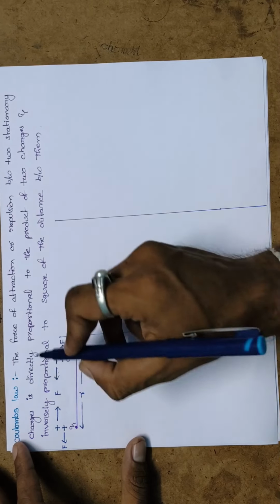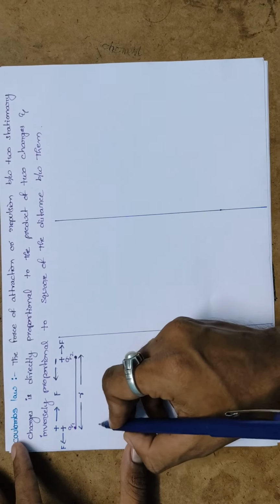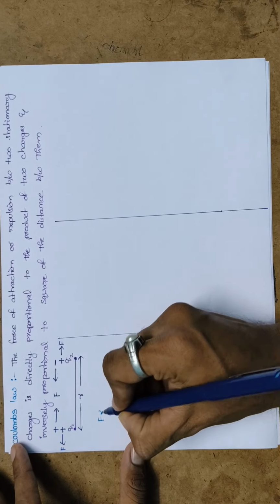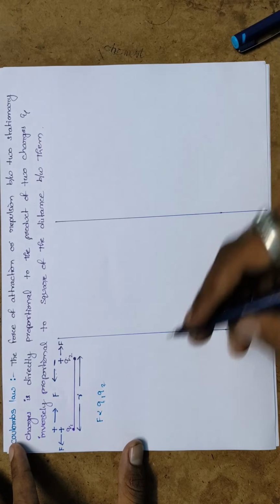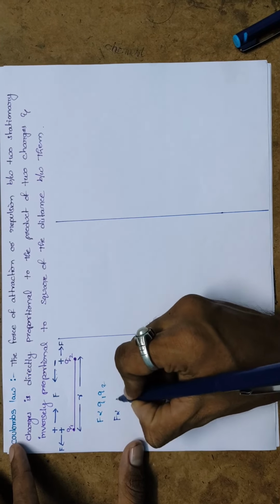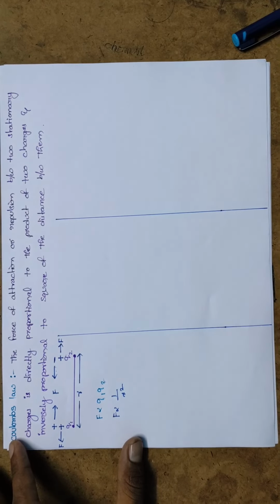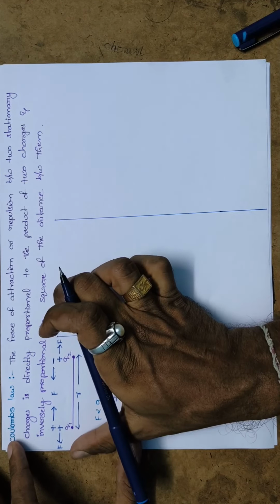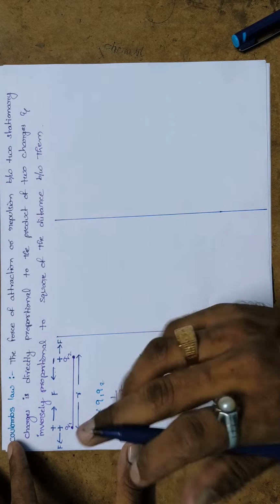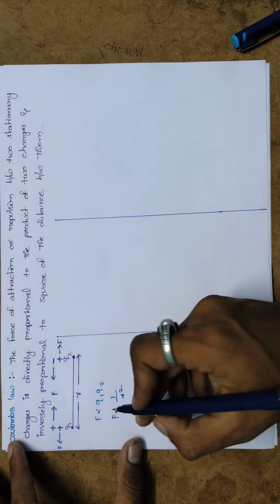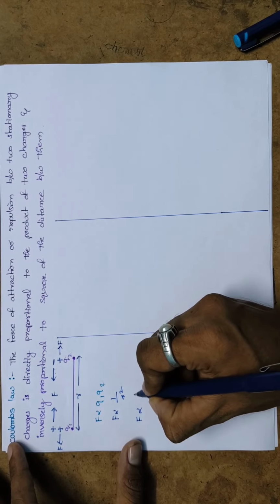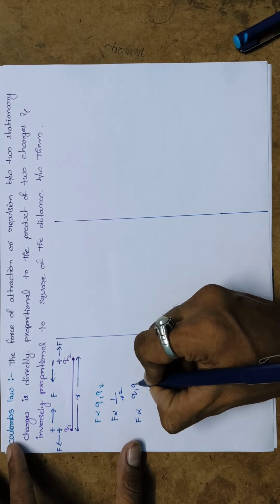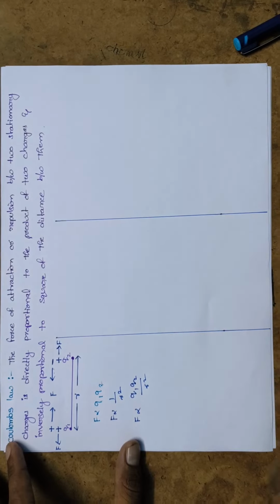Whatever force is developed here is directly proportional to the product of the two charges and inversely proportional to the square of the distance between them. That means if the distance of separation increases, the force of attraction decreases. If you combine these two relations, we can write F is proportional to Q1 Q2 by r square.